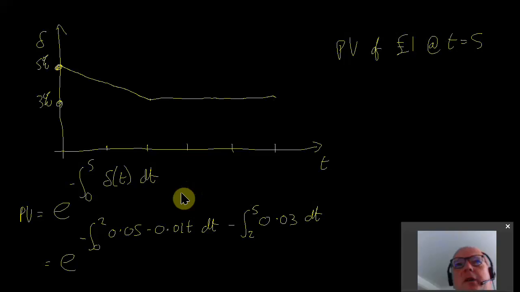Supposing then also I wasn't given it in that term, supposing I was given the annual rate of interest I, then all I've got to do is convert I to delta. Okay, so supposing I'm told that the force of interest changes from 5% to 3% over those 2 years, and then the I rate of interest is 3% after that.